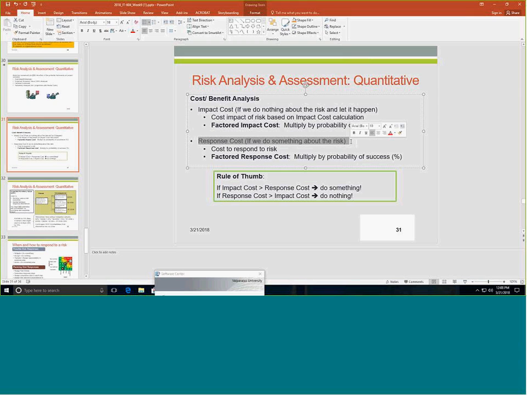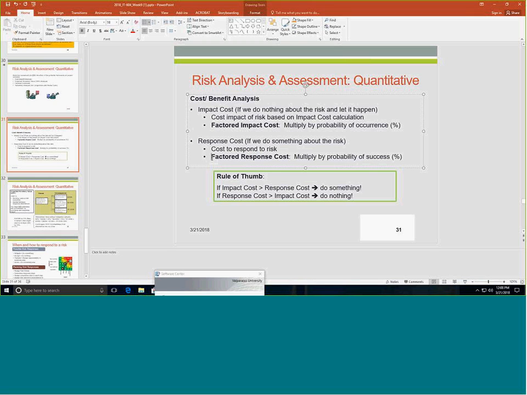We can say, if we do something about the risk, we need to understand what cost we need to invest to respond to the risk. It's our mitigation plan cost.